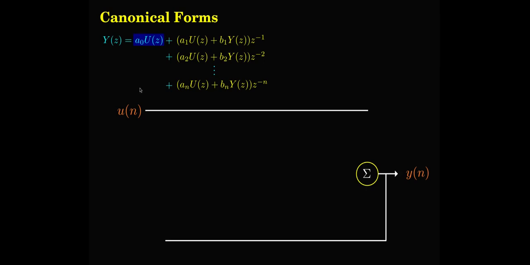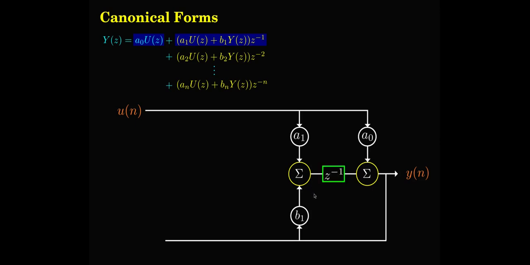Now let me take this first term, A0 uz, into A0, through the summer goes to the output. Now take this one, uz A1, and there is Yn, there is yz, B1. So both of these I will add up. I will pass it through a delay and then to the output.